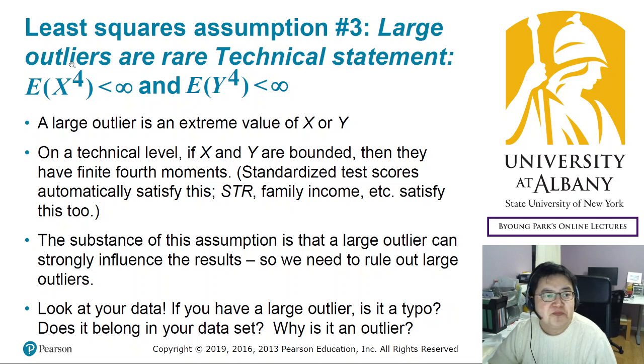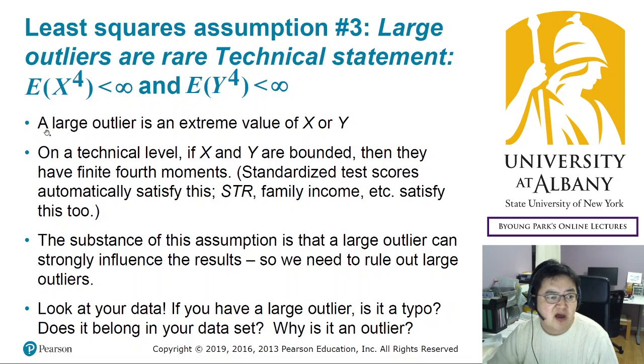Simply speaking, your data cannot have too many outliers. So the outliers should be rare enough. Otherwise you cannot guarantee that your analysis results are true. Your analysis can be wrong due to the presence of outliers.